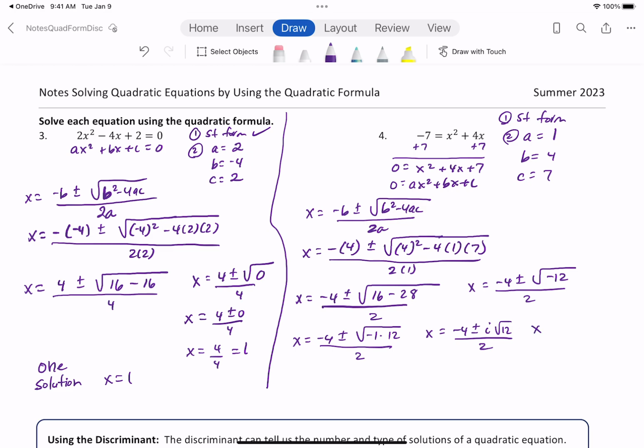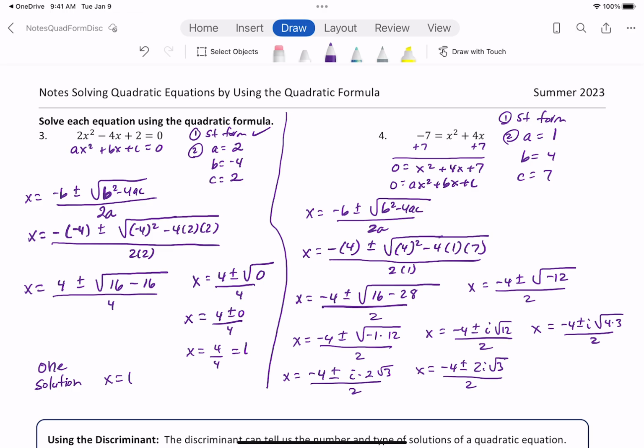And unfortunately, we still aren't finished, because that 12, we can simplify that to 4 times 3. And then we know that the square root of 4 is 2. So I have negative 4 plus or minus 2i times the square root of 3, over 2.